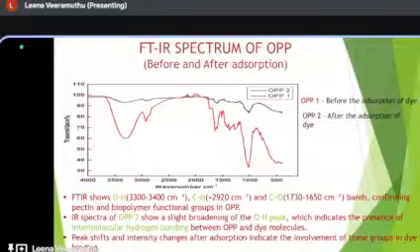The peak near 2900 region represents the C-H stretching, while the band in the range of 1730 to 1600 confirms the presence of pectin in the OPP, which indicates the presence of intermolecular hydrogen bonding between OPP and the dye molecules.